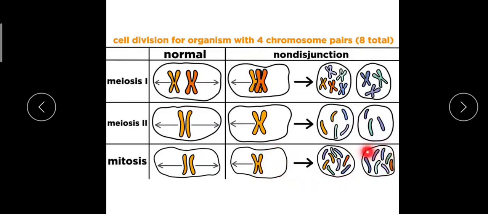The orange colored chromosome is not present here. So this is how non-disjunction occurs. See what happens. Both these daughter cells are formed from the same parent cell, but the chromosome numbers are different in each of these cases because of non-disjunction. So hope you are clear.